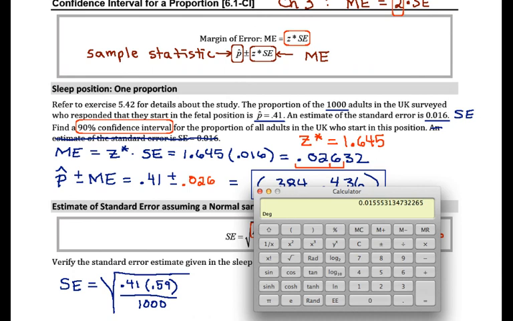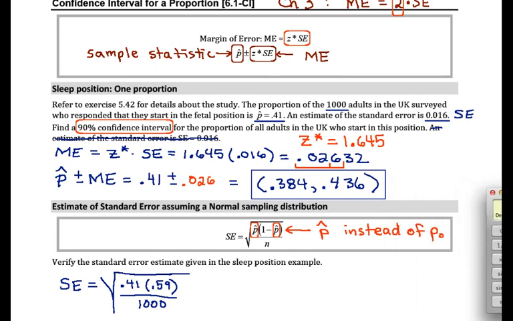The order in which you enter these might vary from one calculator to another, especially if you have a higher-end calculator. It's going to let you put in the whole expression. But usually those are the calculators where people need less help. All right, so we get a standard error of 0.01555.